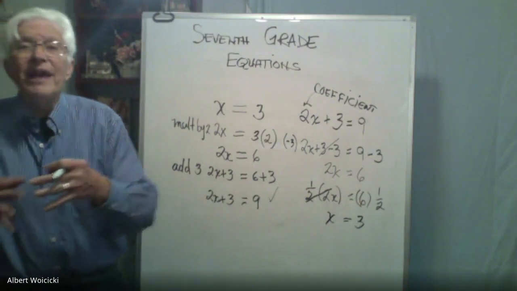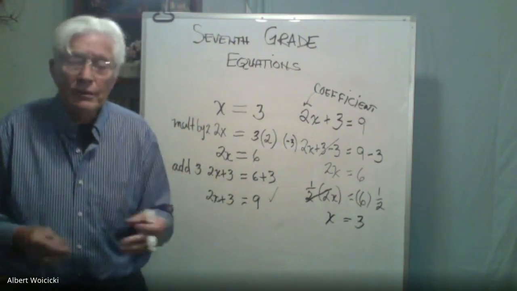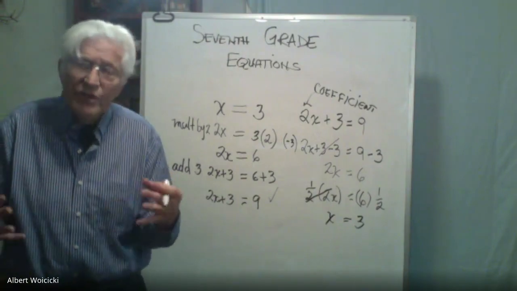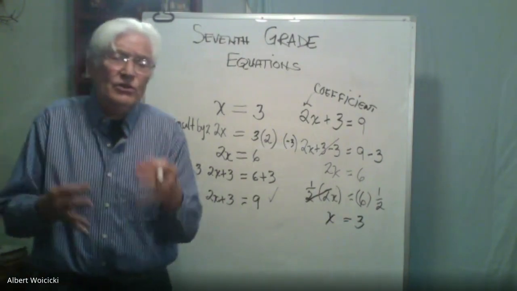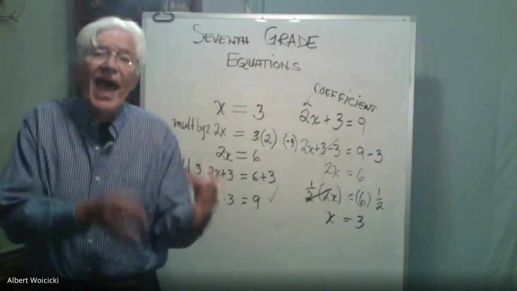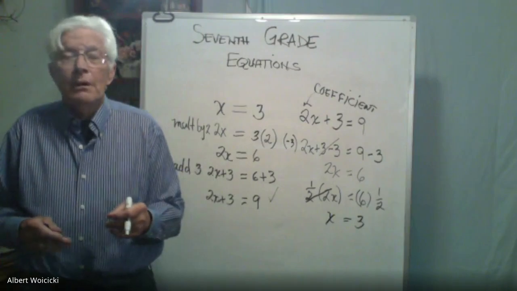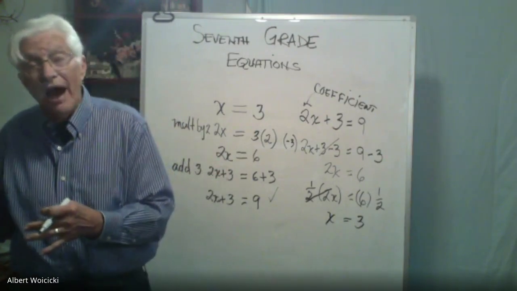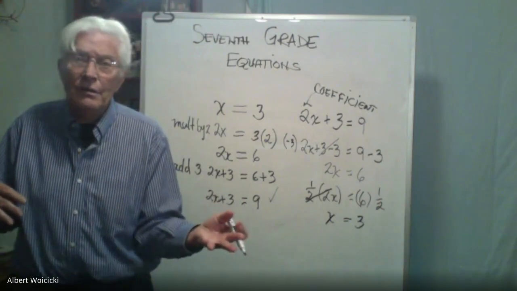So how do I get rid of the 3? How do I do the adding of 3? What's the opposite of adding 3? They know they're integers. The opposite of positive 3 is negative 3.